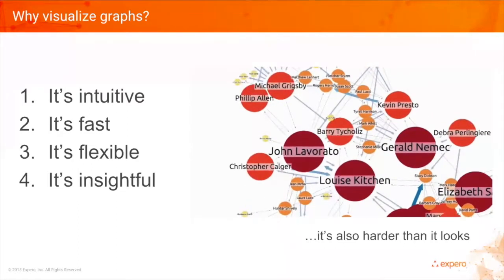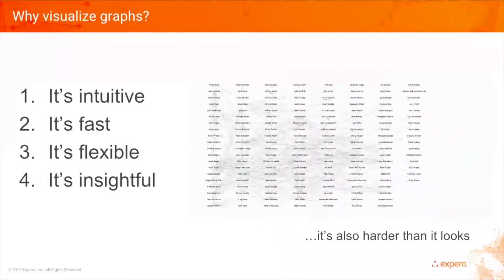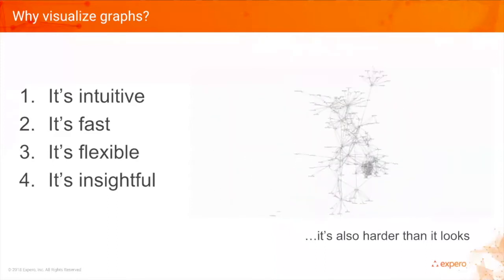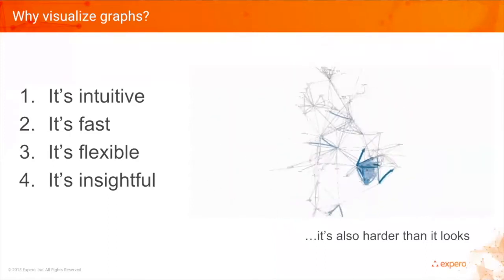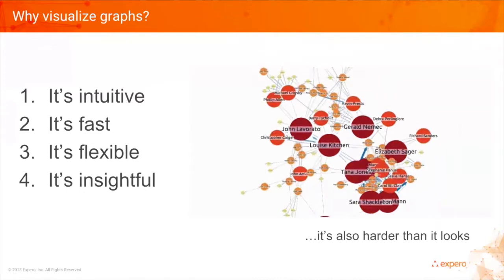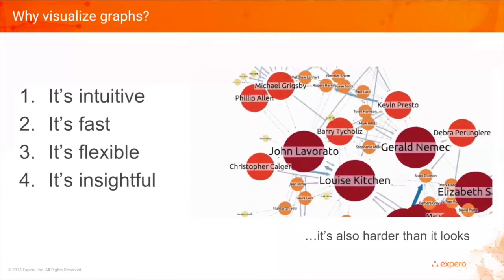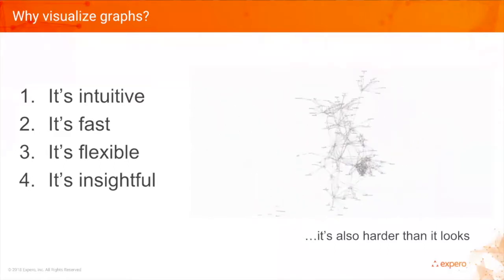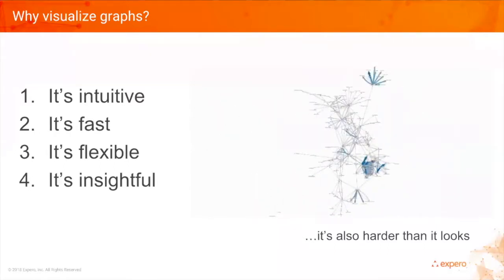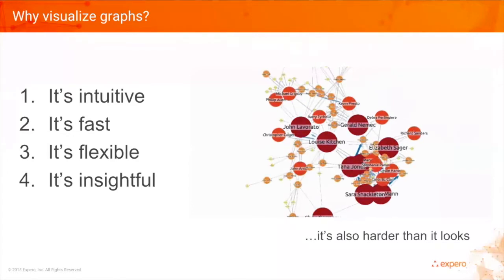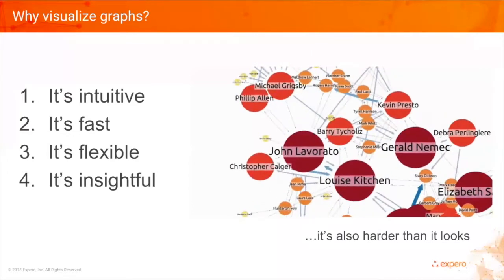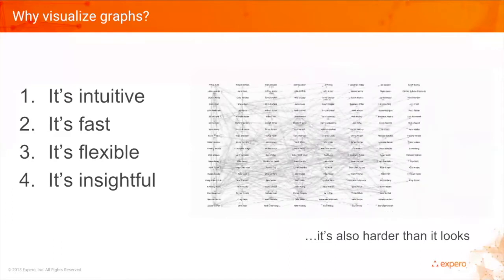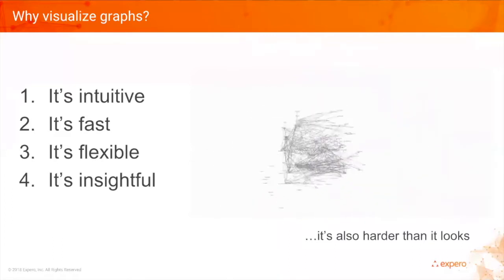So why might we want to use graphs? Well, it is intuitive. It really helps business users understand what they want to find in the data without having to have a degree in data science or understand how to query your data source or really need to know the data model for how it's stored. It's also very fast. You can make those intuitive observations quite easily compared to having to re-query a data source with different hypotheses and projects and things like that.